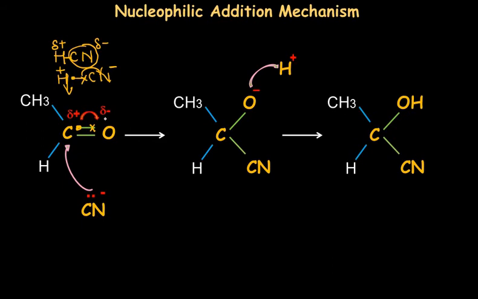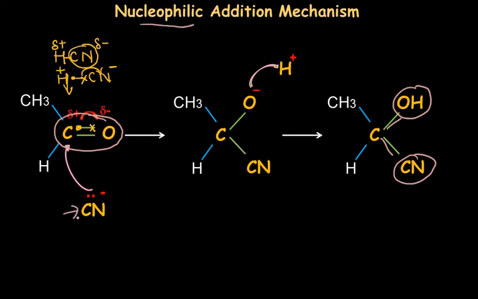Now we can note down that earlier there was a carbonyl group where C double bond O was present, which has now changed to single bonds, and a hydroxyl group is added and a CN group is added. So it's an addition reaction where no atom is removed but only groups or atoms are added, and it's a nucleophilic addition reaction because the first step carries the nucleophile which attacks the carbon which is positively charged.